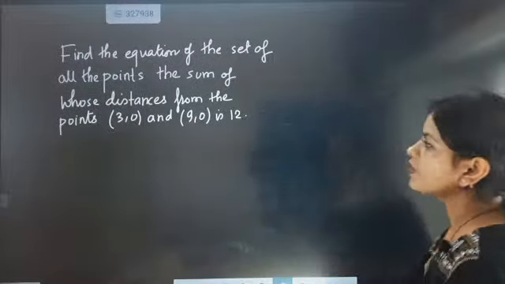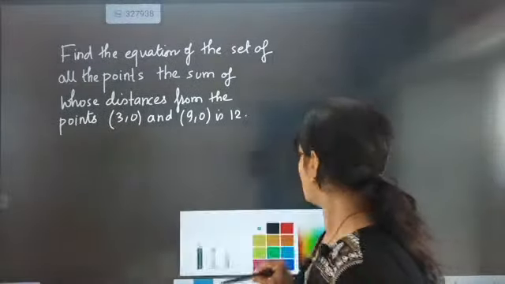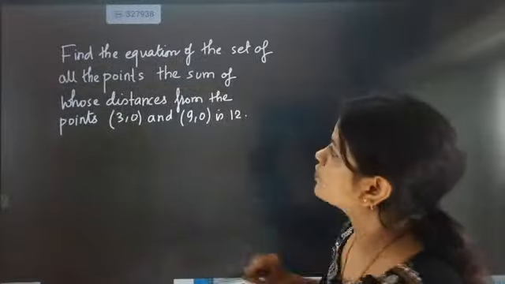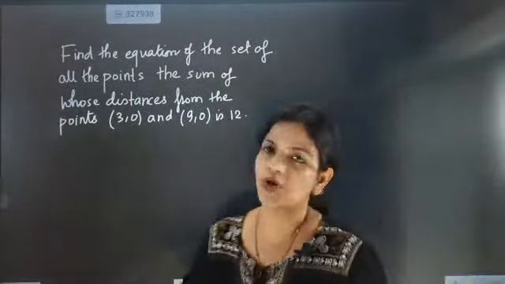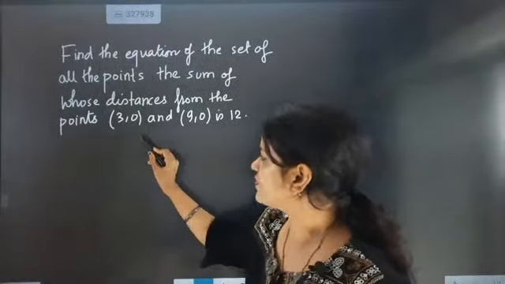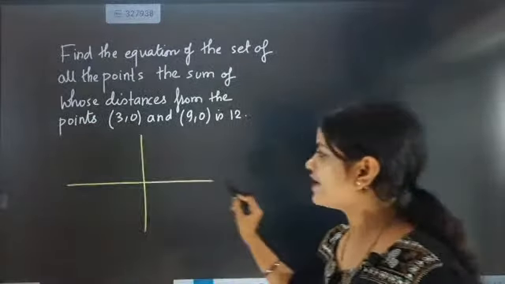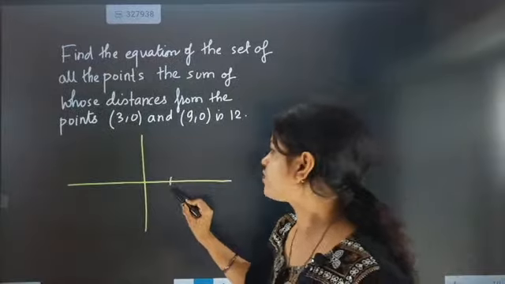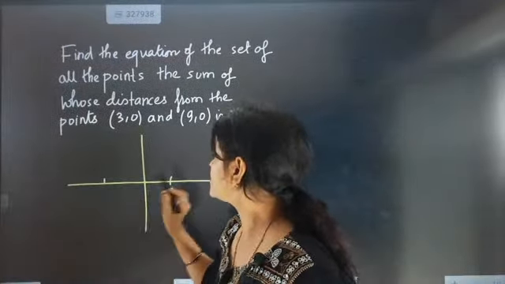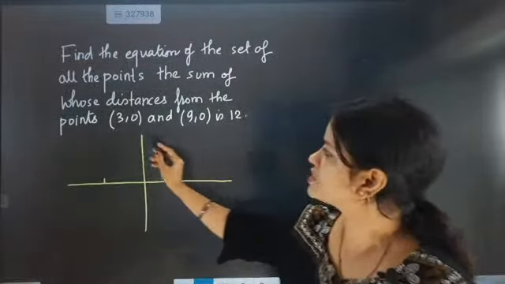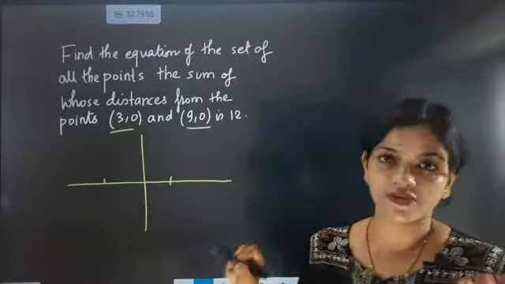Now this is a very important question specifically for your examination point of view. Question is, find the equation of the set of all the points. Beta, you have to understand one thing. When we are drawing the ellipse, we know this is focus and this is exactly, but here the most important thing is both the focus points are given positive.